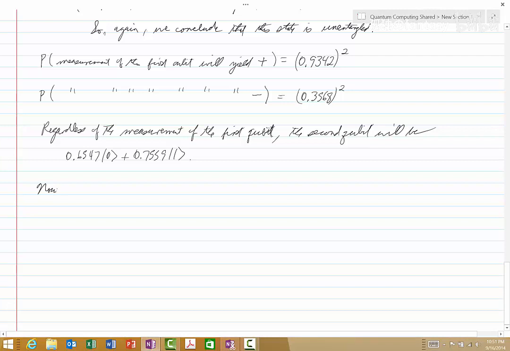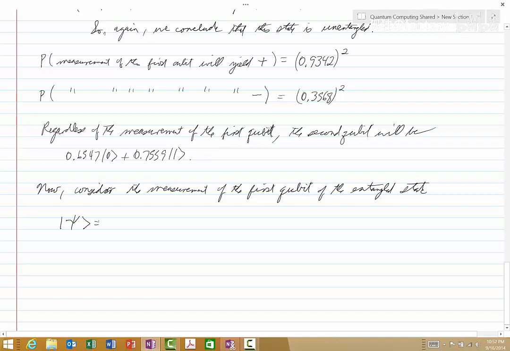So let's say now, consider the measurement of the first qubit of the entangled state, and the example that we will look at here will be 1/2 |00> minus 1/2 |01> plus 1/2 |10> plus 1/2 |11>.